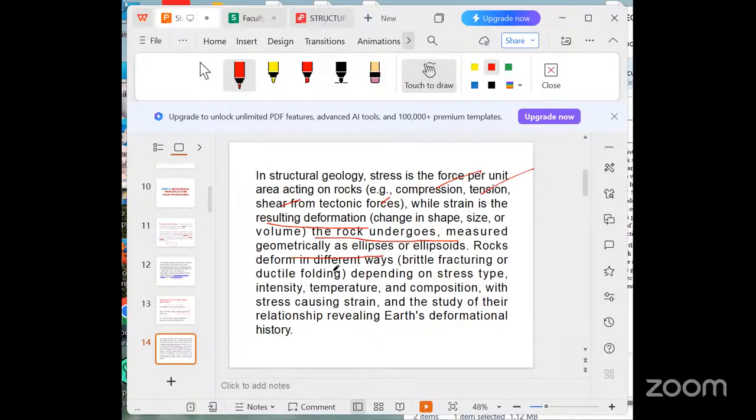The rocks deform in different ways, such as brittle fracturing or ductile folding. These are the examples. It depends on stress type, intensity, temperature and composition, with stress causing strain. The study of their relationship reveals Earth's deformational history.